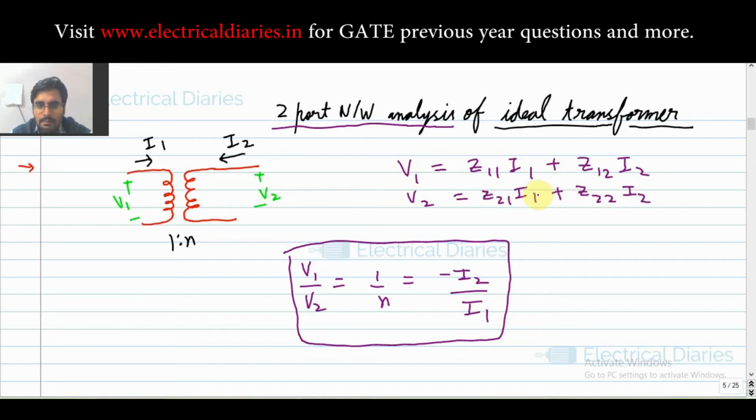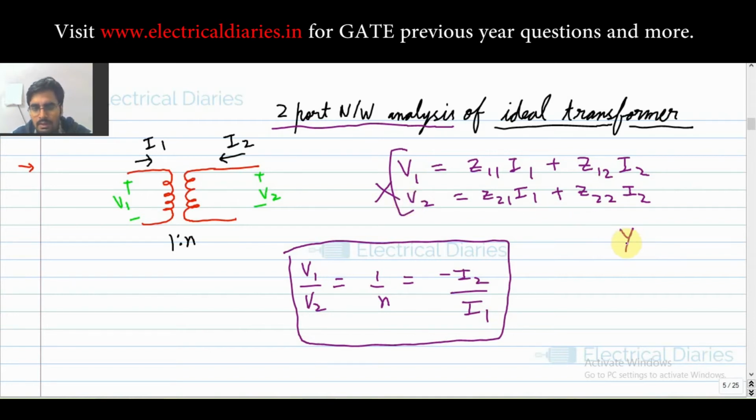Now can you find out an equation like this? I could find out V1 is equal to V2 by n, and I1 is equal to minus n I2. So we cannot find out these Z parameters. This ideal transformer does not have Z parameters, and we also cannot find out the Y parameters.